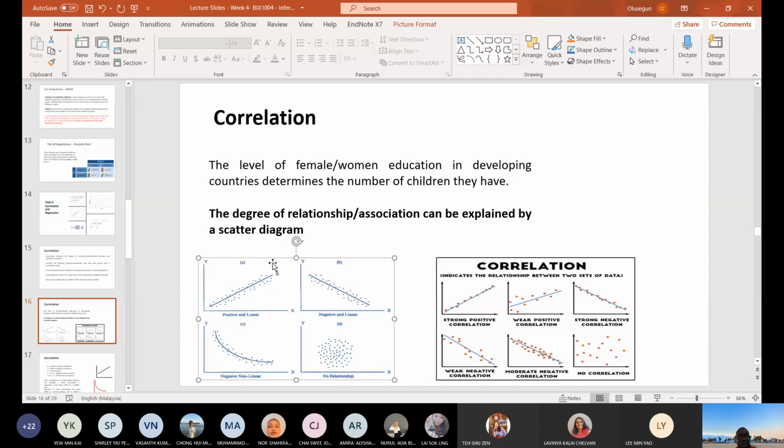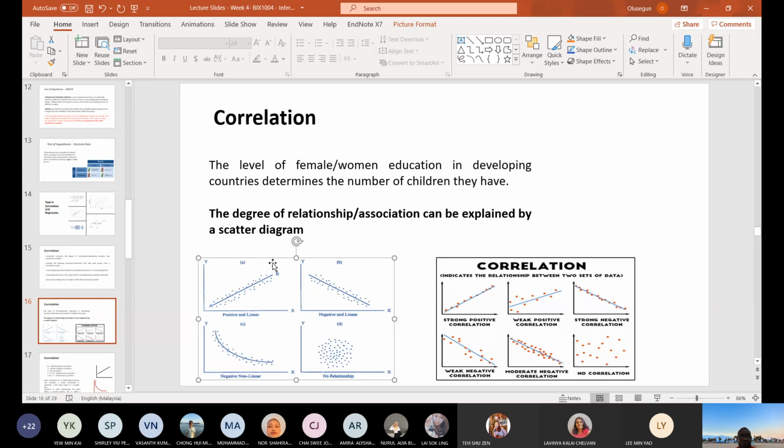The first figure on the left shows that perhaps the higher the level of education, the higher the number of children.